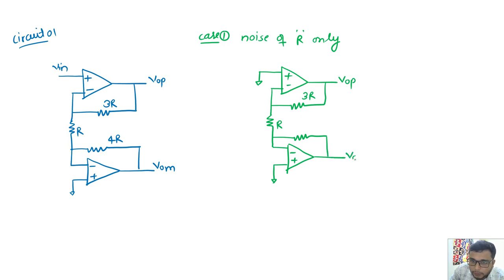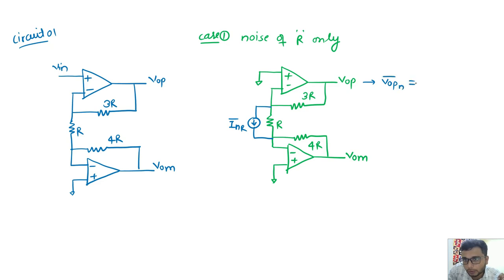Okay, so VOM. When I consider noise current, this is the direction, that is my IN due to the resistor R. So what is VOP noise?